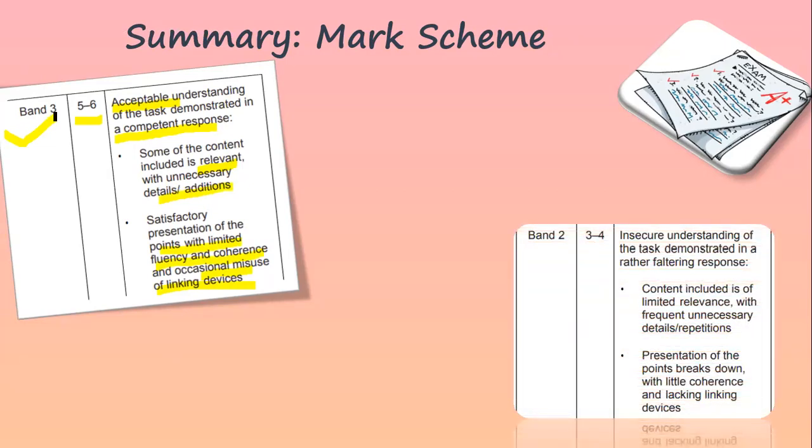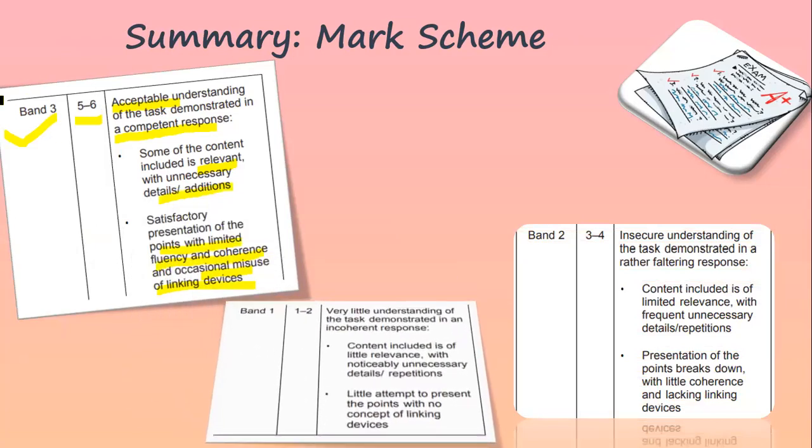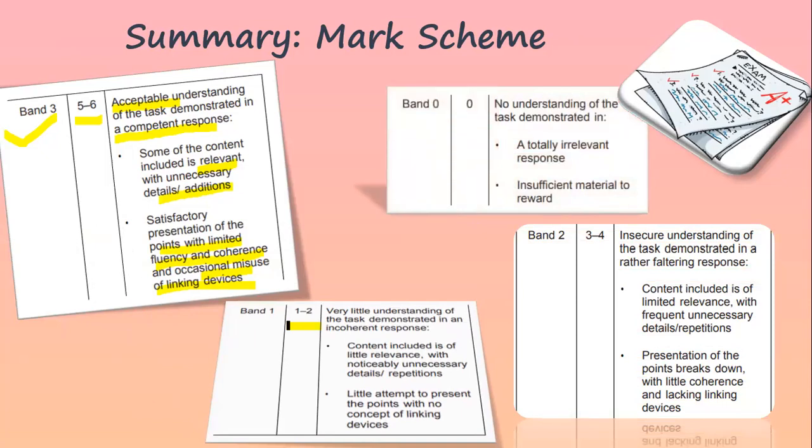This is for band 2, and this is for band 1, where the candidate will get only 1 to 2 marks out of 10. And don't worry, there is a band 0 as well, where the candidate will not get any marks.